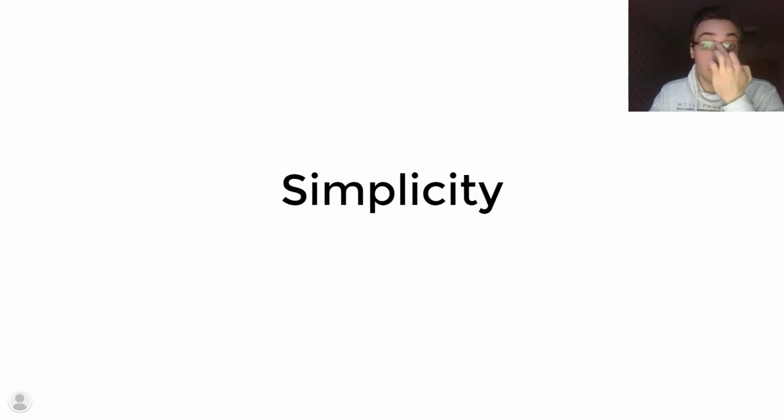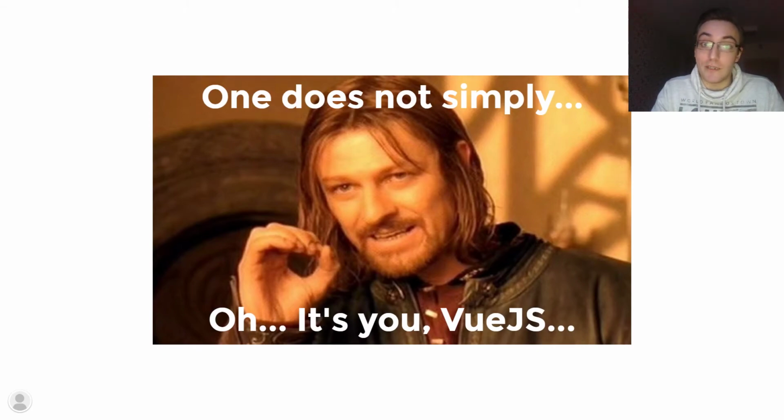So the next one, simplicity. Vue code has simplicity built into its design. One of the most important things you need to know about VueJS before building your first VueJS application is the Vue instance. Every Vue application has a root instance called Vue.